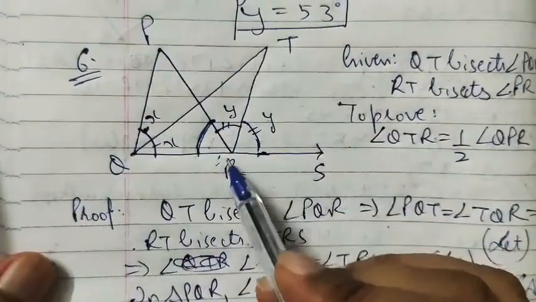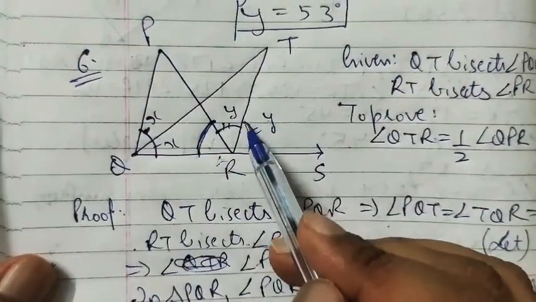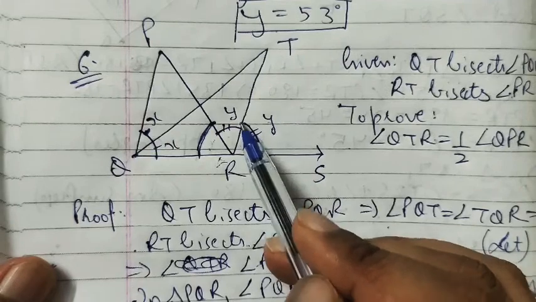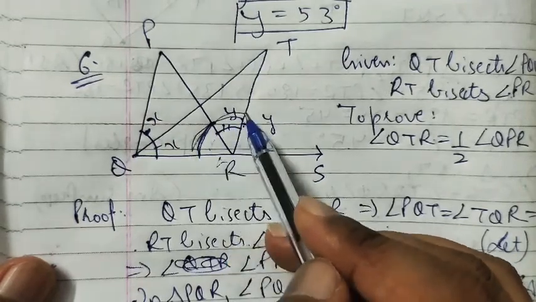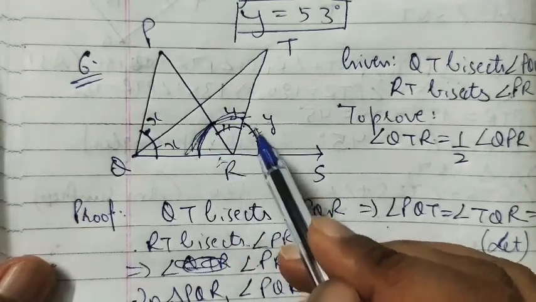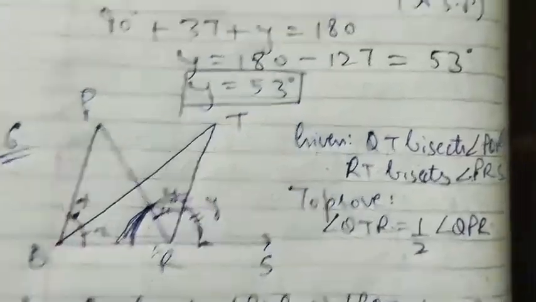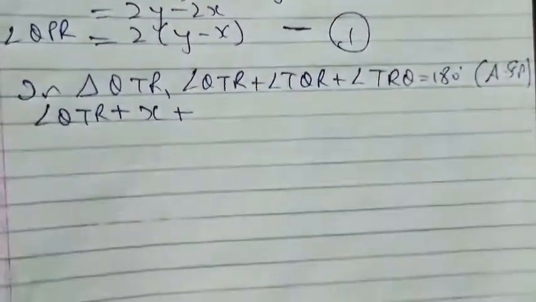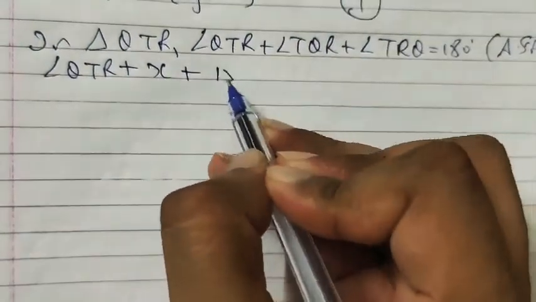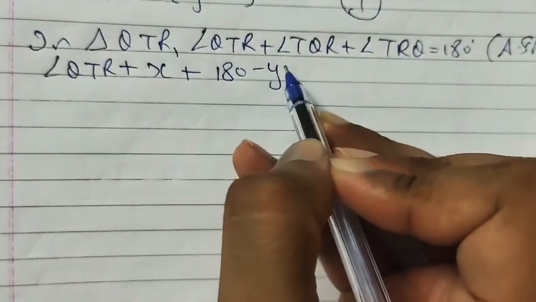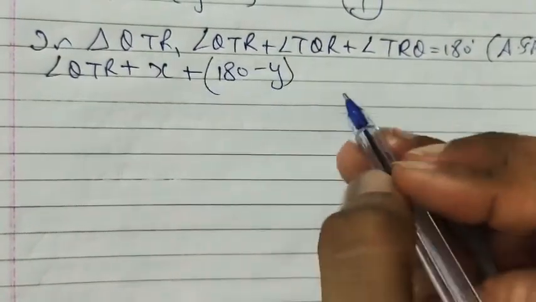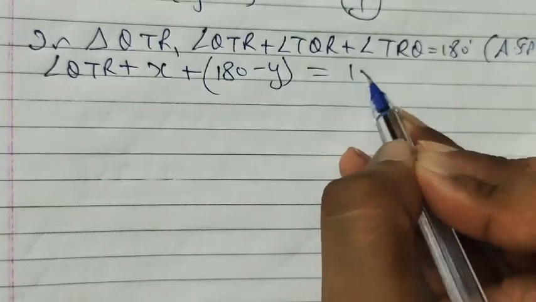Now TRQ, see this TRQ. So we can say this is 180 minus y, because we are determining this angle. So TRQ is 180 minus y. This one is equal to 180.